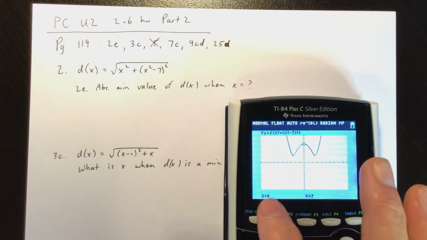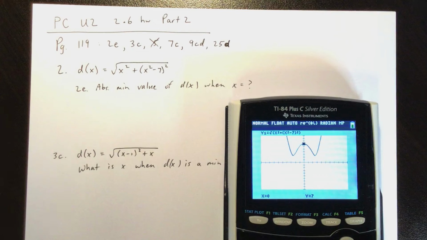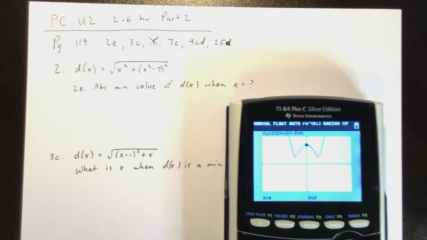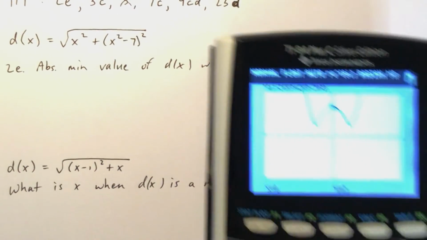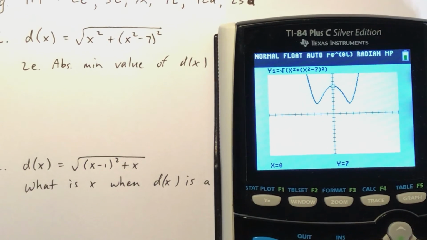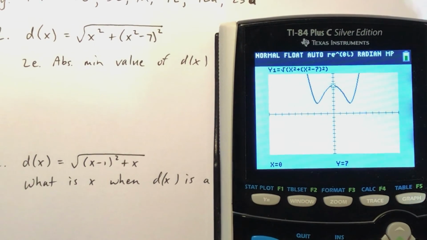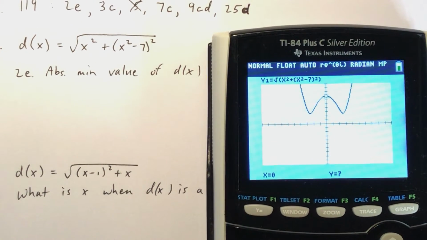If you look at the coordinates on the bottom of the screen, you can see when x is 0, y is 7. So just to understand what that means, when x is 0, the distance between the point and the curve is 7. I think I remember the curve being x squared minus 8. So with x squared minus 8 and the point (0, negative 1), the distance is 7.